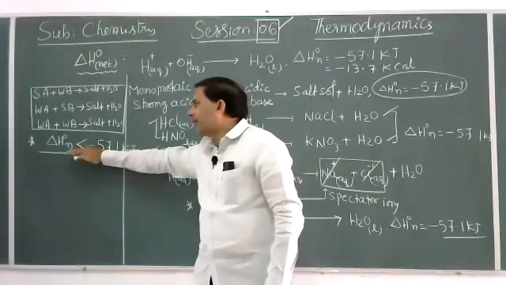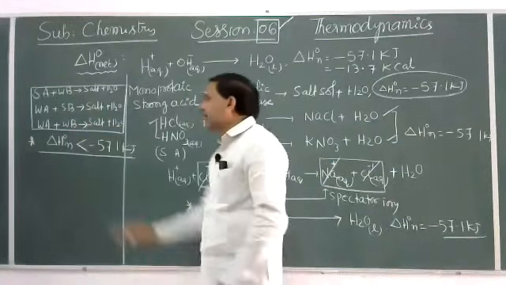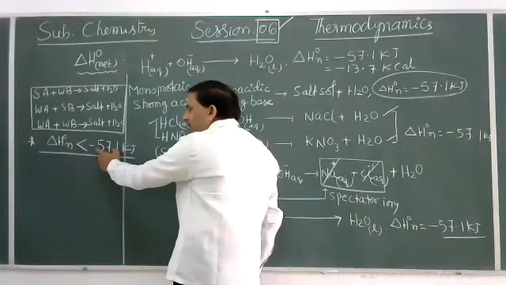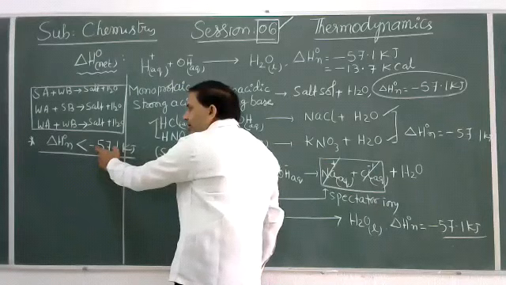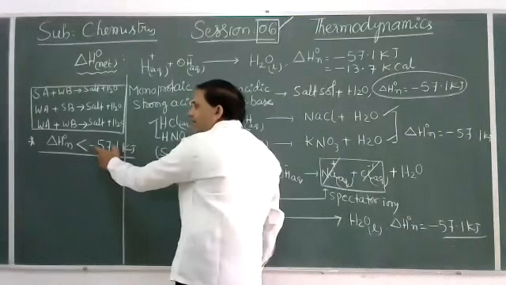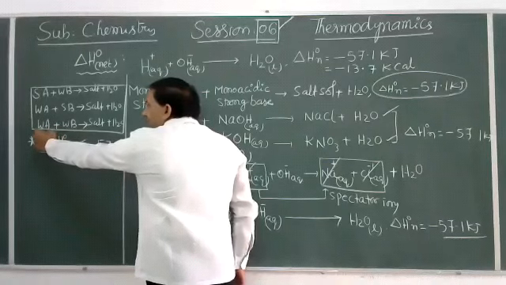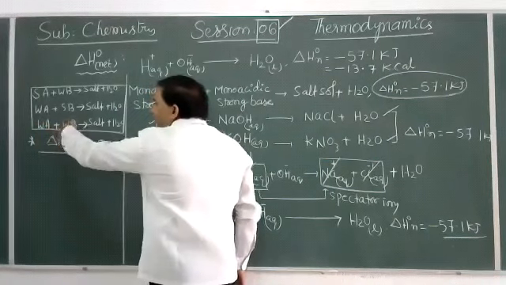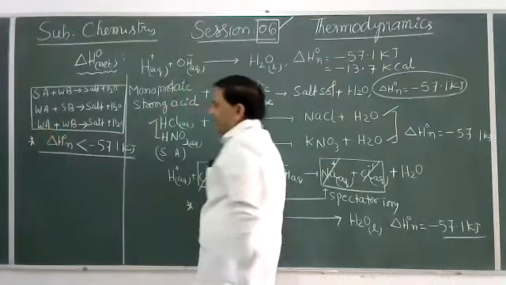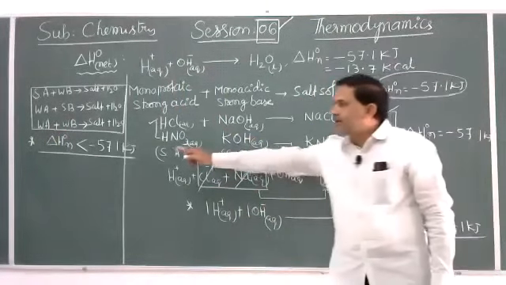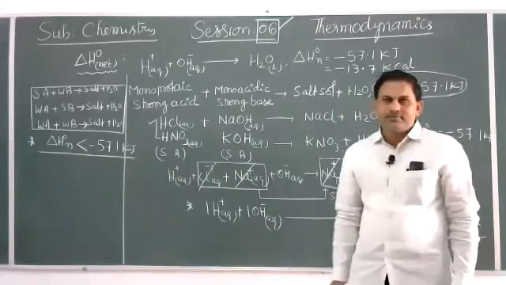That's why, to ionize completely, some amount of the liberated 57.1 kilojoules of heat is required to ionize either the weak acid or the weak base for neutralization. That's why it is always less than 57.1 kilojoules.